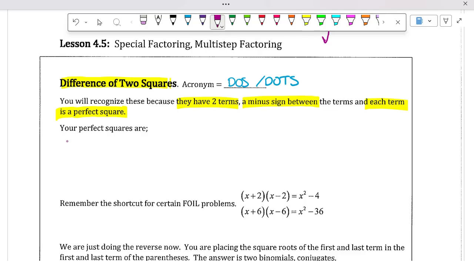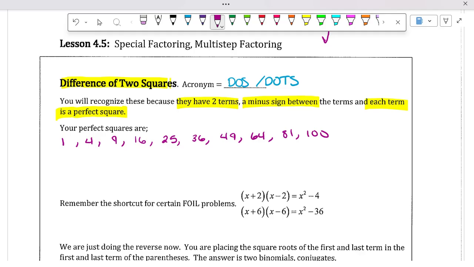Just to recap, some of your perfect squares are 1, 4, 9, 16, 25, 36, 49, 64, 81, and 100. That's just 1 through 10. You should know 1 through 20 because I gave you that reference sheet, which you will have access to on the test. So make sure that you hold on to that bad boy.